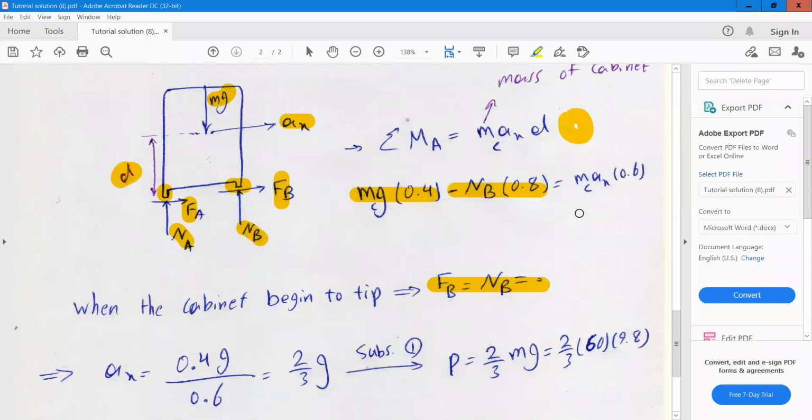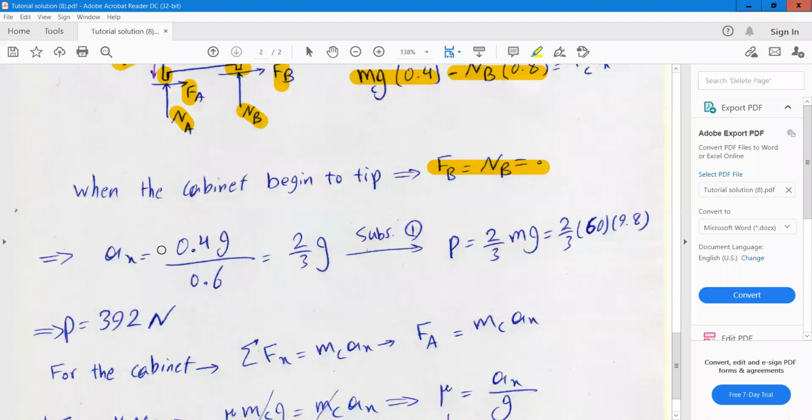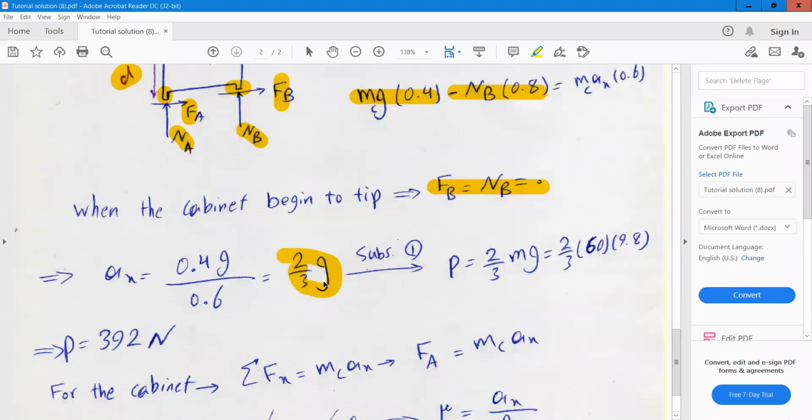Now you can substitute and obtain the exact value for a_x, and it's equal to 2 times g divided by 3. This is the acceleration for the system when it's moving to the right, by assuming that this cabinet is on the verge of tipping about point A. Okay, so this is the acceleration.